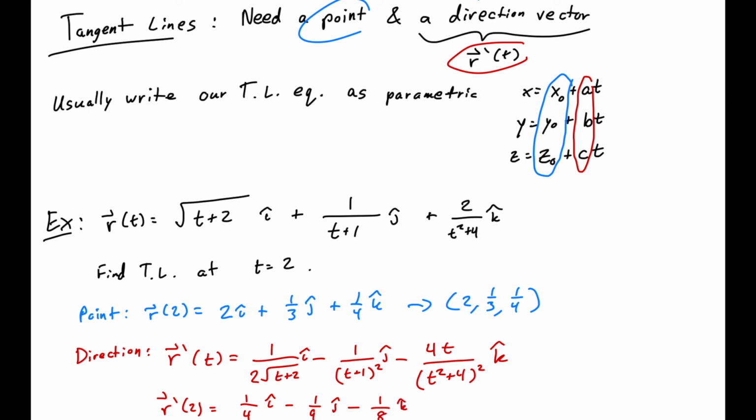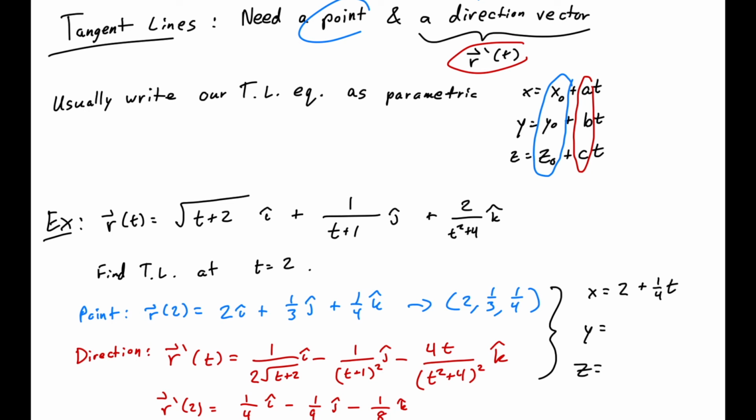And so our line, our linear equation is going to be x equals 2 plus 1/4 t. It is super important that that constant's 2 and the scalar multiple of t is from the direction vector, from the tangent vector, from the derivative. You should be able to do y and z. Go for it.